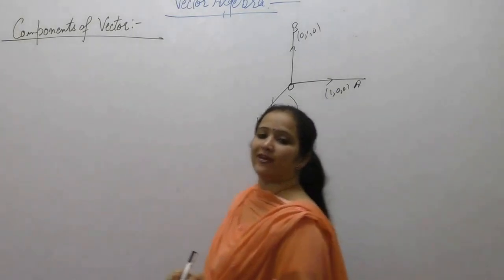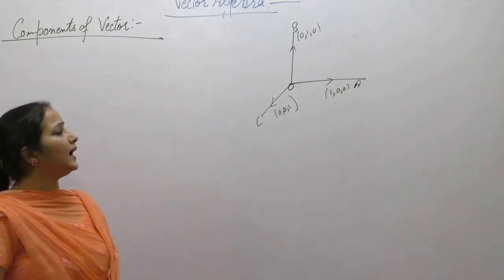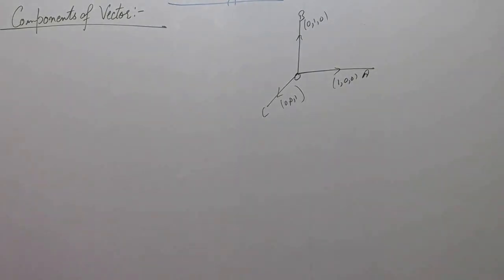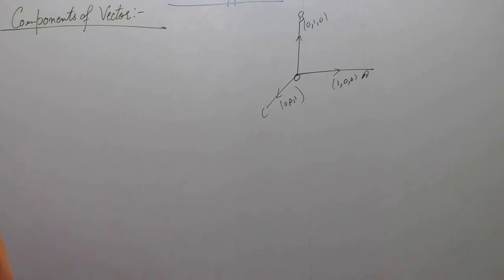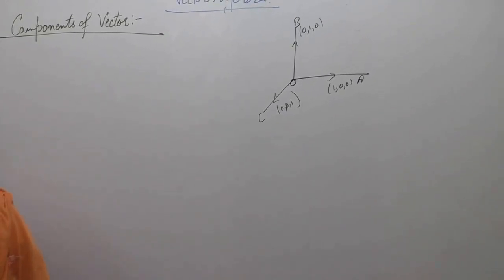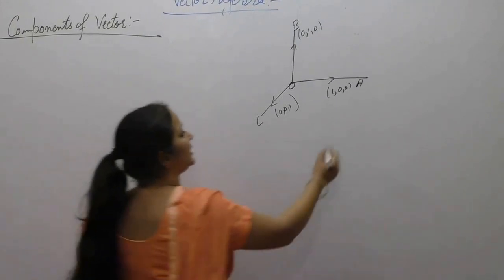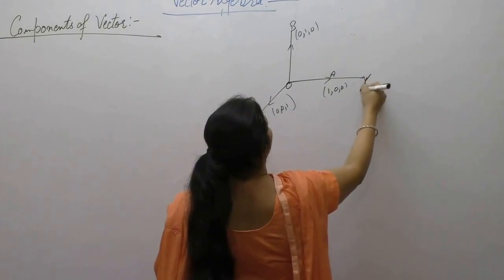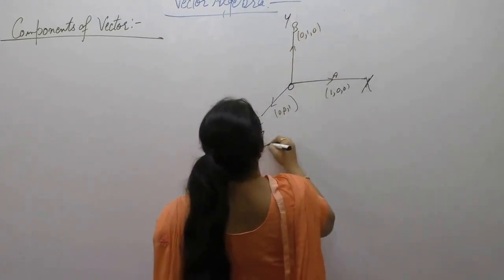Write down. Vectors OA, OB and OC, each having magnitude 1 unit are called unit vectors along x, y and z axis.